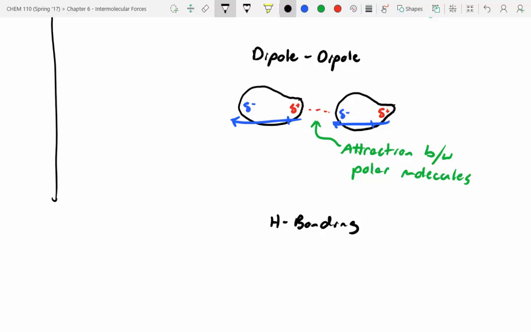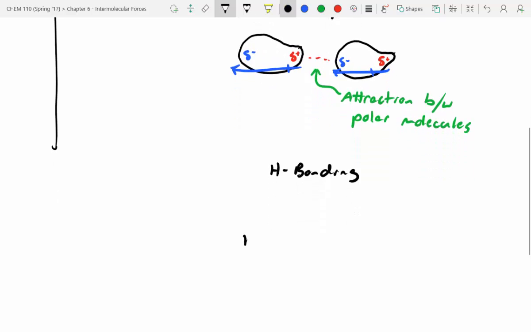And H-bonding, we said, is a situation where you've got hydrogen on the phone, meaning the hydrogen is covalently bound to oxygen, nitrogen, or fluorine. And in this case, this hydrogen is essentially being shared between the two oxygen atoms, excuse me.